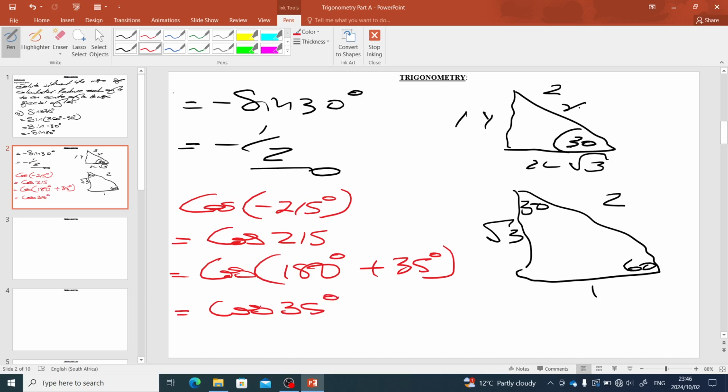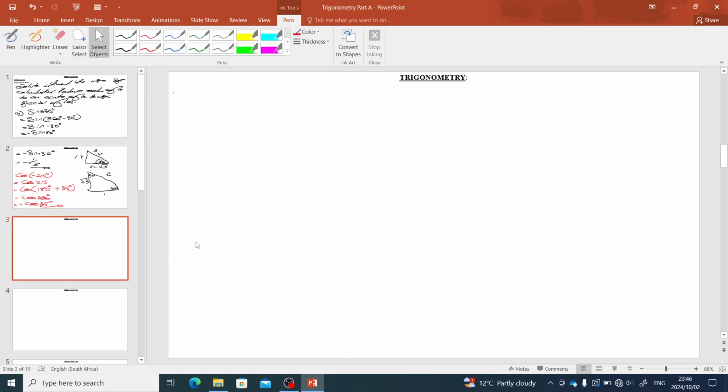But we know that the fact that it is on the third quad, sine there is what? Cos there is what? It is negative. It means it will be negative cos 35 degrees. Here we can use the special angle because we are having the angle of 35 there.